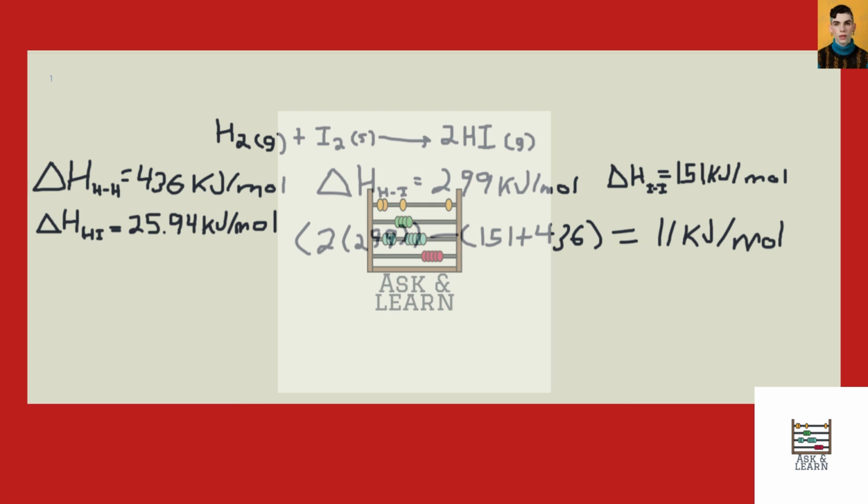However, when the reaction occurs, I2 solid is going to be converted to I2 gas. That conversion from solid to gaseous phase is an endothermic process. That process is missing in our estimation, so the actual enthalpy for this reaction is going to be more positive than our estimate here.